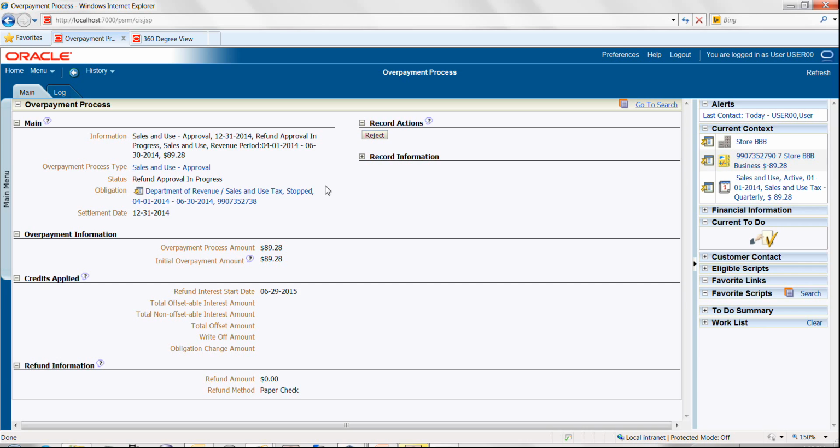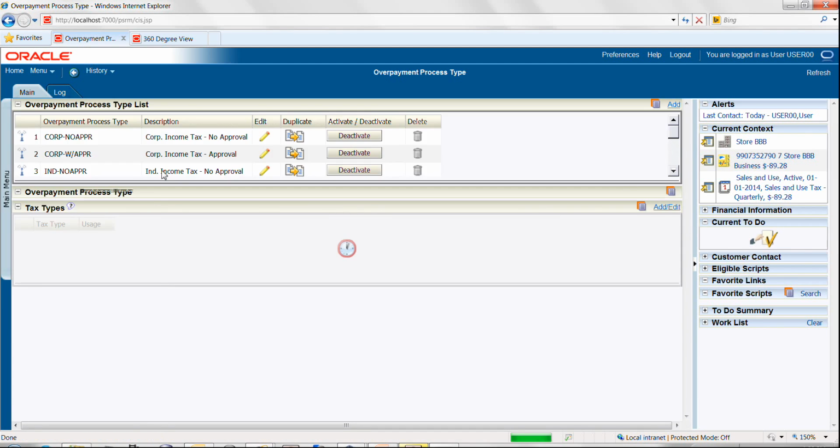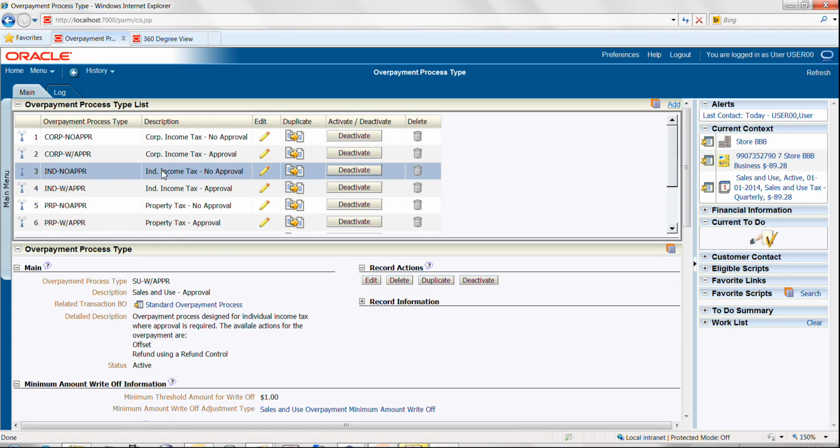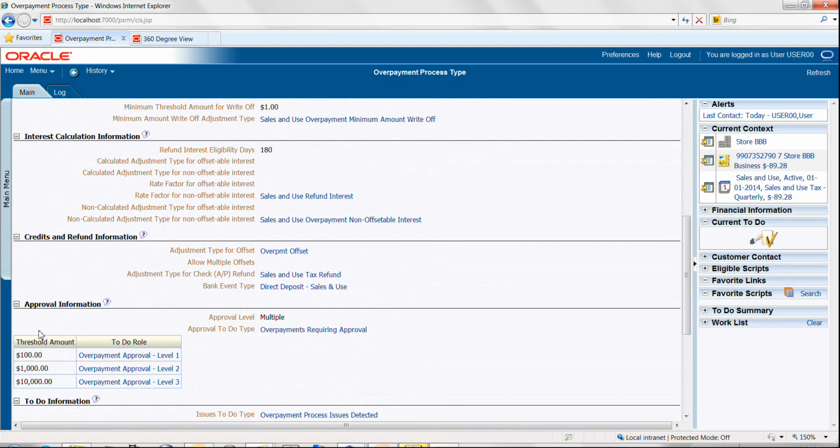In fact, you do not need to approve it because, if we look for a moment at the overpayment process type, there are many different configurable points here, but one of them I will look at now is the approval information. The approval is only needed if there's more than $100, and since there's only 89, there's no need for anyone to approve it. So that's why we don't have any need to approve.